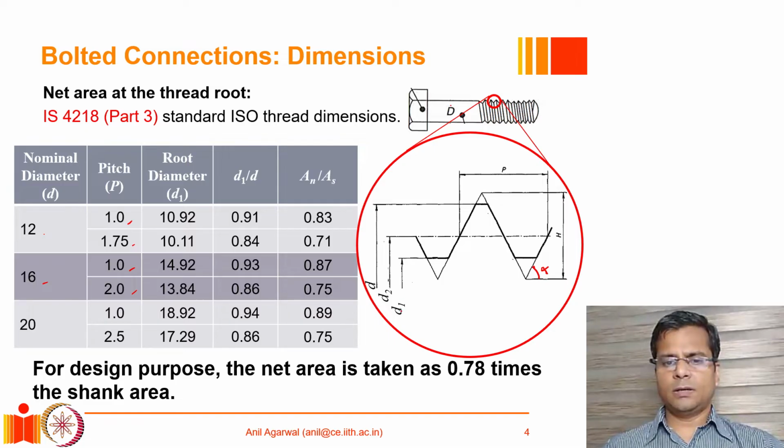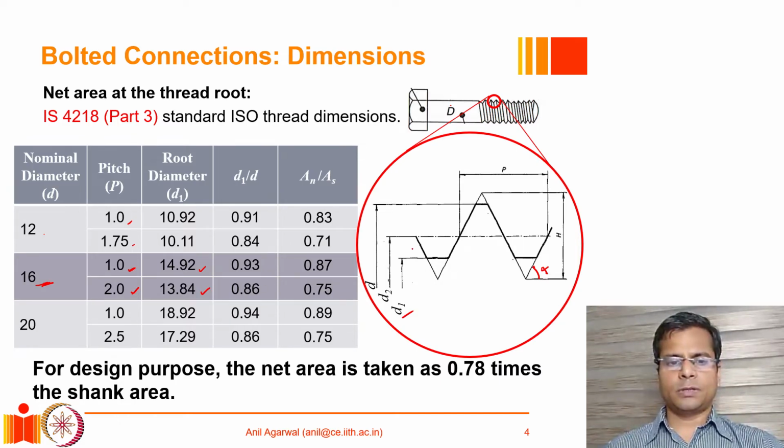So D1 represents the diameter of the root of the thread, and D represents the diameter of the peak of each thread. D is the same as the shank diameter, which in our case is, let's say, 16 millimeters. However, as the pitch value is changed from 1 millimeter to 2 millimeters, the D1 value, the root diameter, is reduced to 14.92 or 13.84 millimeters. So you can see that the pitch is changing the root diameter.